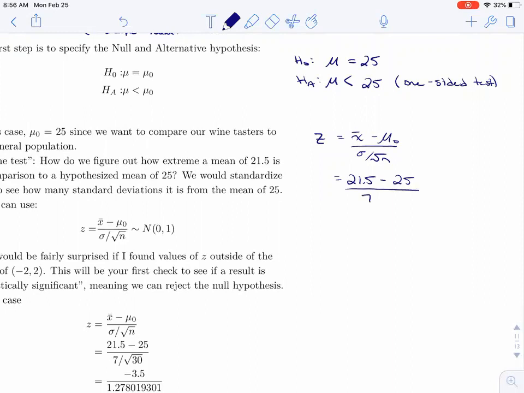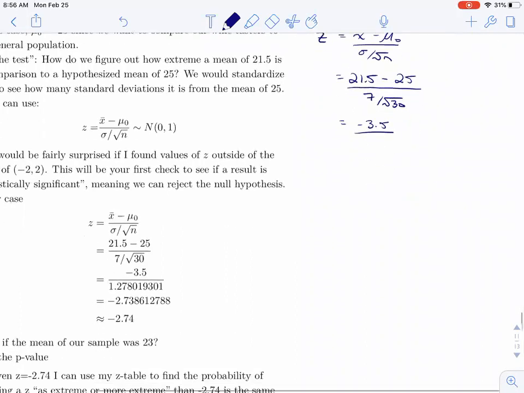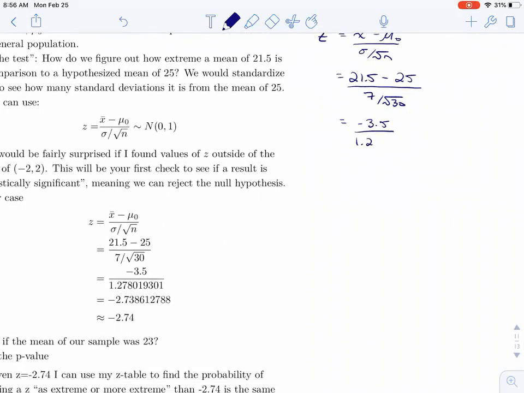Over sigma, which is 7, over the square root of n, which is 30. (21.5 minus 25), negative 3.5, divided by 1.278019301.